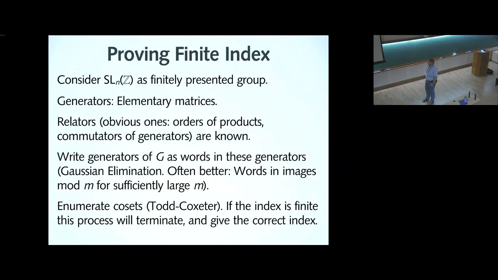I can write elements of the subgroup, or the generators of the subgroup, as words in these generators of SLNZ. That's basically what Gaussian elimination does. And then I can say I have a subgroup of a finitely presented group. There is a method I talked about, coset enumeration, the Todd-Coxeter method, which will terminate if the subgroup has finite index.